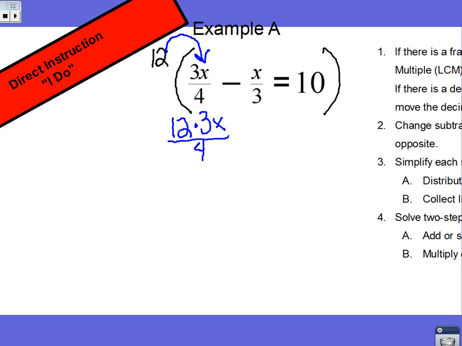Now, I can reduce now or reduce later. I'm going to do this in 2 steps. If you know how to reduce beforehand, you can, and we'll do it on another problem. So 12 times 3 is 36x divided by 4. Well, 36x divided by 4 is just 9x. So that term has been taken care of. No more fraction.